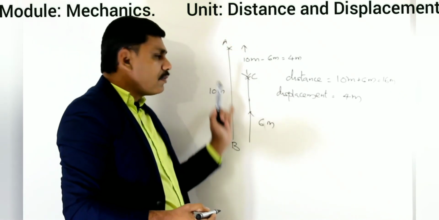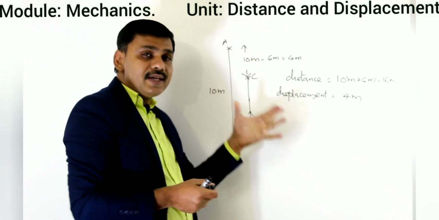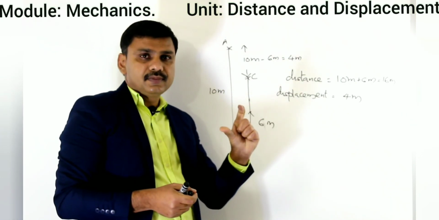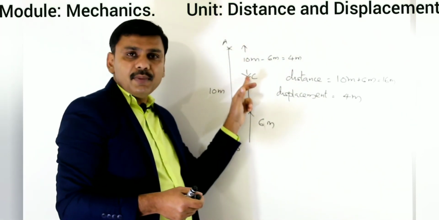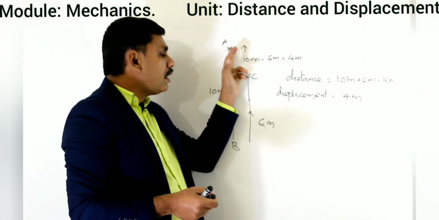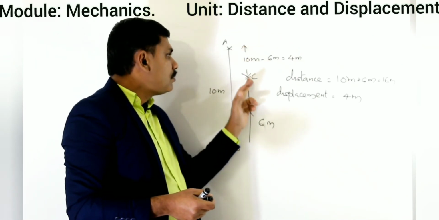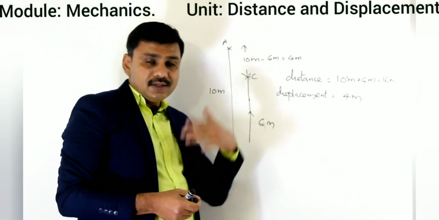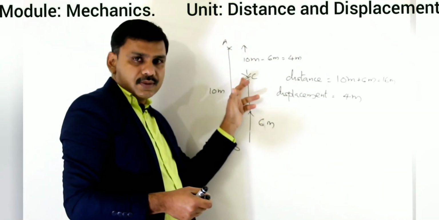So when you calculate distance and displacement, always take the change in position. Here the change in position is only 4 meter because initially the object was at A and finally the object at C. But the distance is what? A to B, then upward motion.